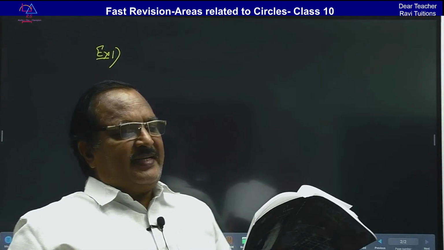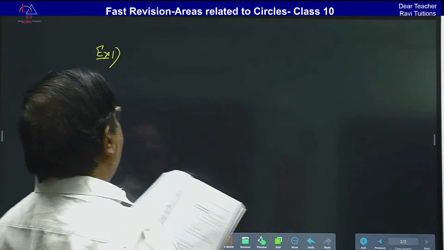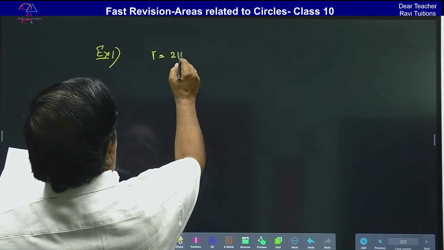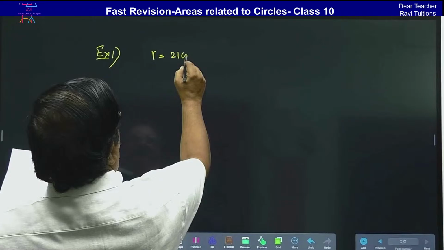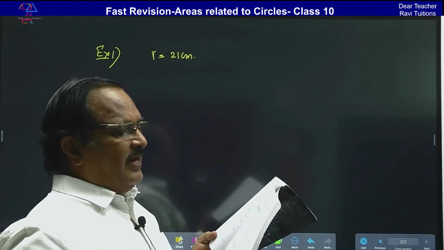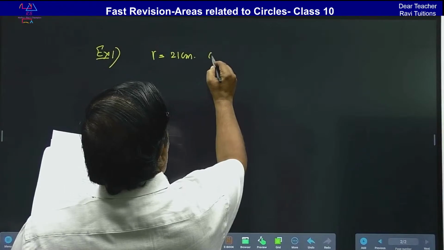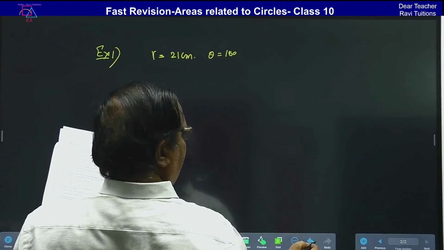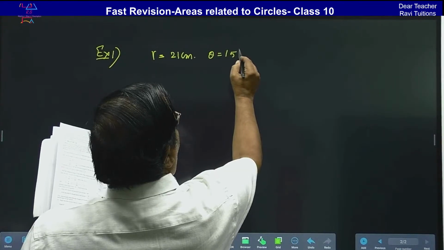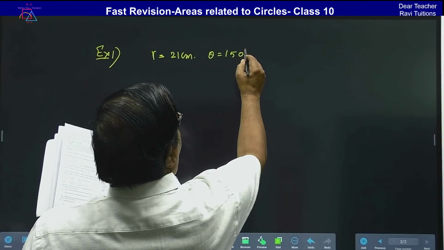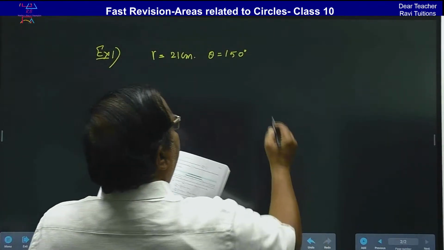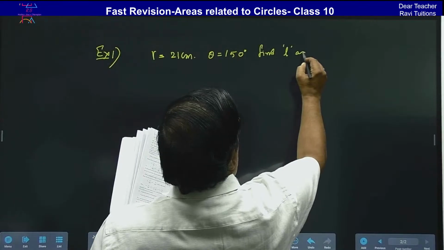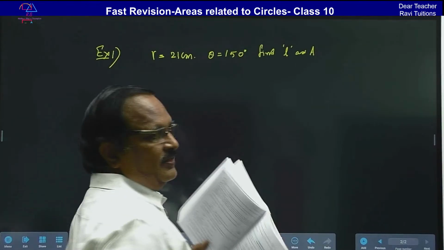A sector is cut from a circle of radius 21 centimeters, and the angle of the sector, theta, is equal to 150 degrees. Find the length of arc and area of the sector. Two things.